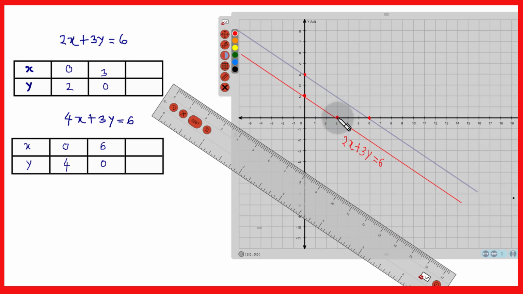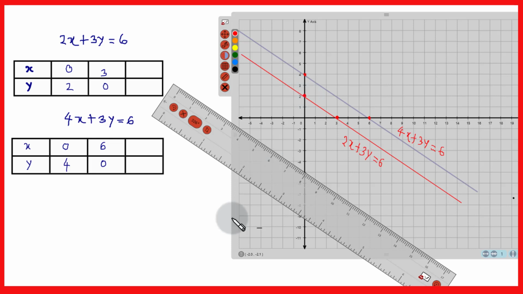So here you have got the 2 lines, and the equation for this line is what? 4x plus 3y is equal to 6. So write the equation 4x plus 3y is equal to 6.